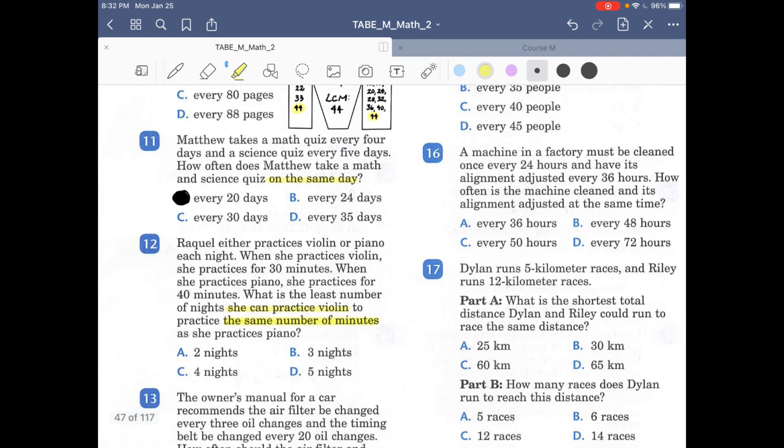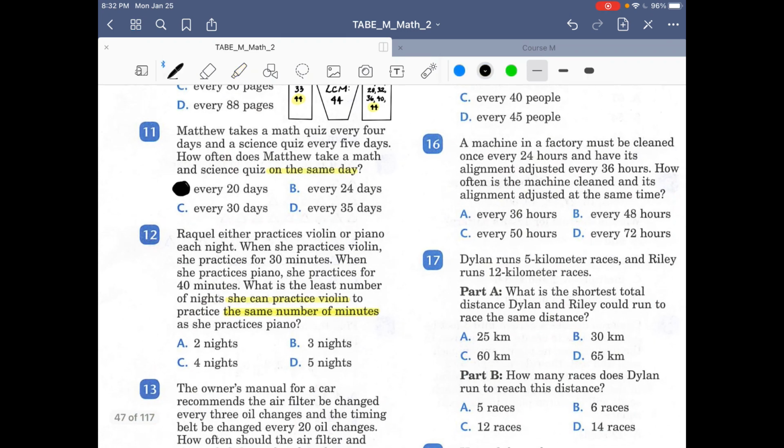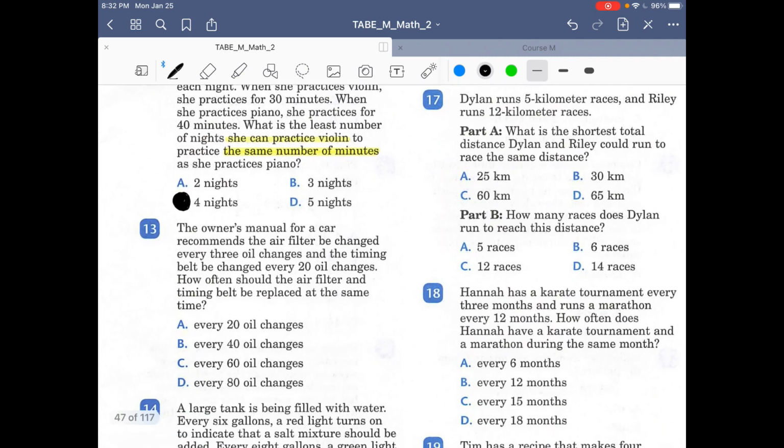And remember, the violin went with 4 nights, so I'm going to go with C on this one. Number 12 is C. If it had asked about the piano, I would have gone with B. So read very carefully.